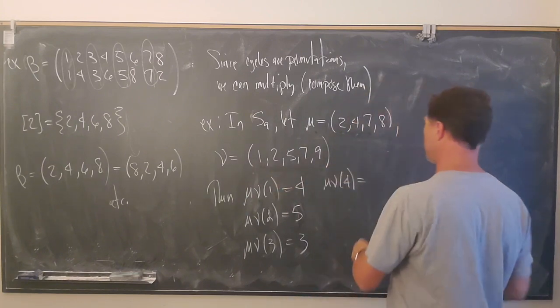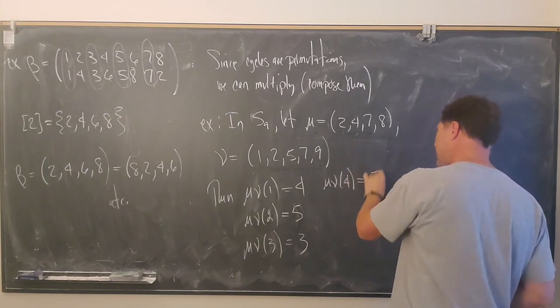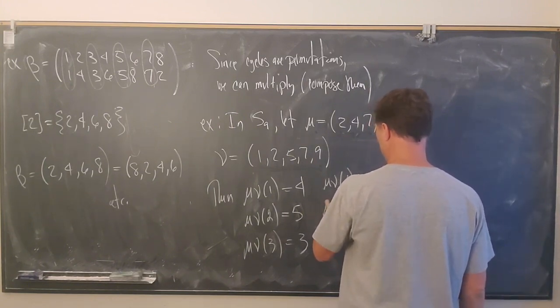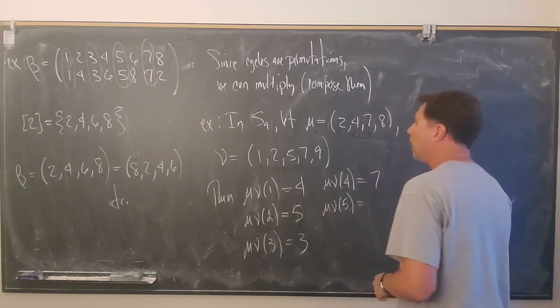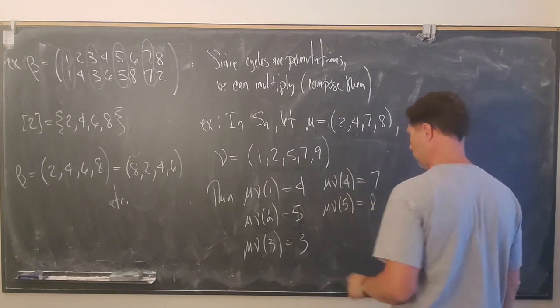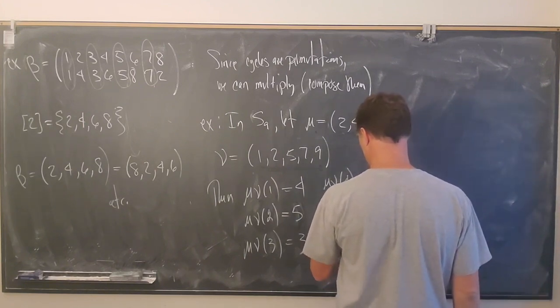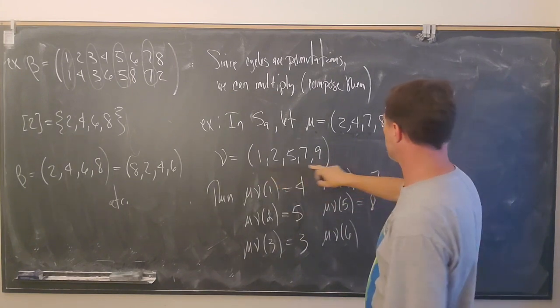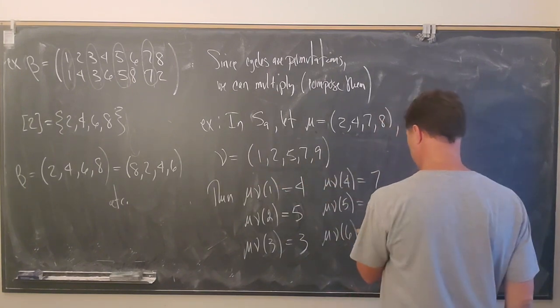Mu of 4 equals 7, so we get 7. Mu nu of 5: 5 goes to 7, which goes to 8. Now we're going to apply it to 6. So 6 goes to 6, which goes to 6.